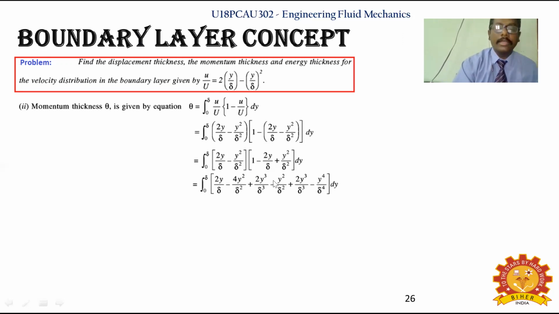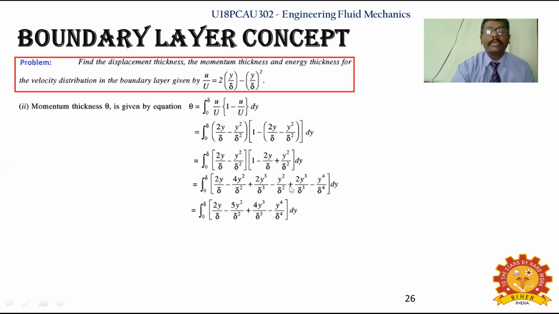Once it is done, you can see the orders: y power 4 is there, y cube is there, y square is there, and you can simplify. So 2y by delta. Next y square, how much? There are 2 y squares, minus 4 and here minus 1, so it is minus 5y square. Then y cube: plus 2y cube and plus 2y cube, so plus 4y cube. And y power 4 only one, y power 4 by delta power 4.